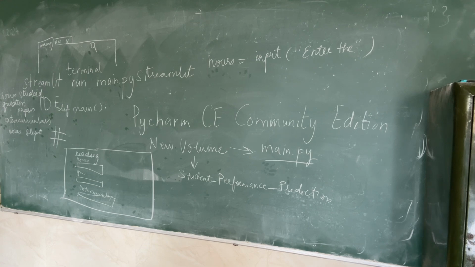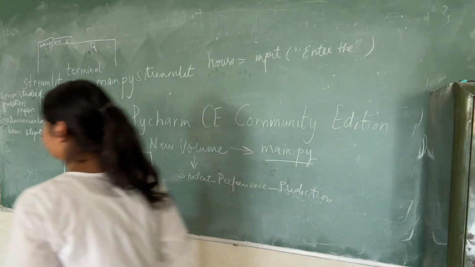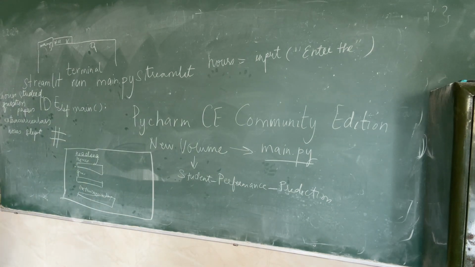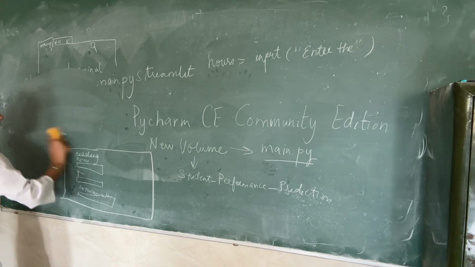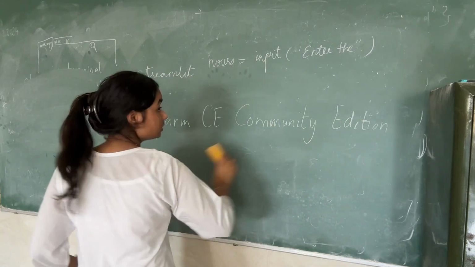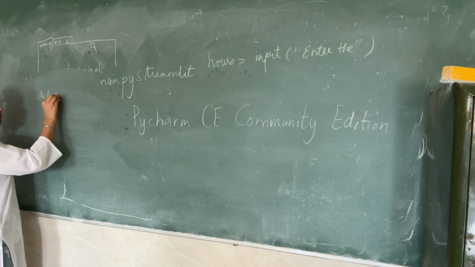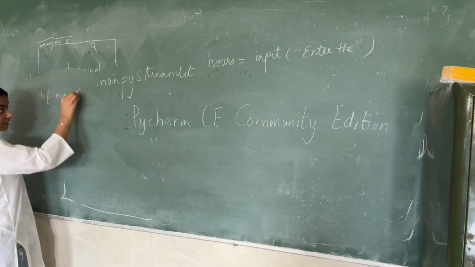Let me just write this on the board, just to give you an ending summary. So you have your def main, which is your main function which will automatically run.